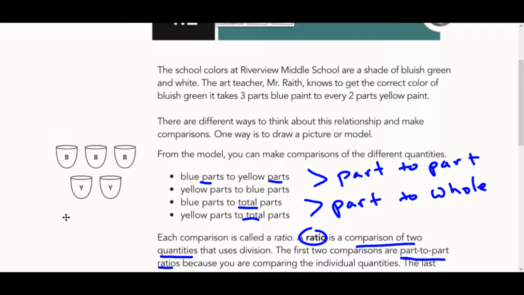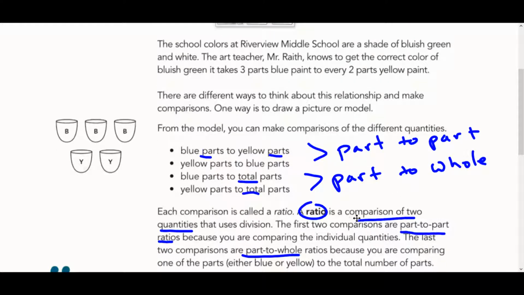We looked at the situation where he's got 3 parts blue to 2 parts yellow. Now we can write this 2 different ways, blue parts to yellow parts or yellow parts to blue parts. Those would be what we call a part-to-part ratio. Now what's a ratio? It's a comparison of 2 quantities. Yes, it uses division, but the idea is we're comparing 2 quantities.